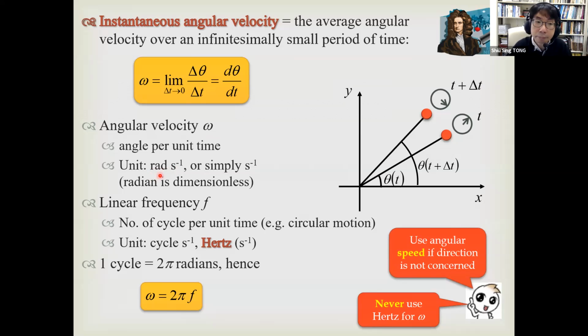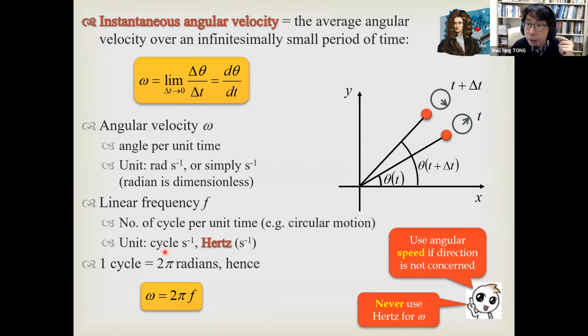Now, there's another quantity called frequency. In order to distinguish it from the angular velocity, we call this the linear frequency. Imagine the object goes around in a circle. The number of cycles that the object revolves through in a unit time is called the linear frequency.